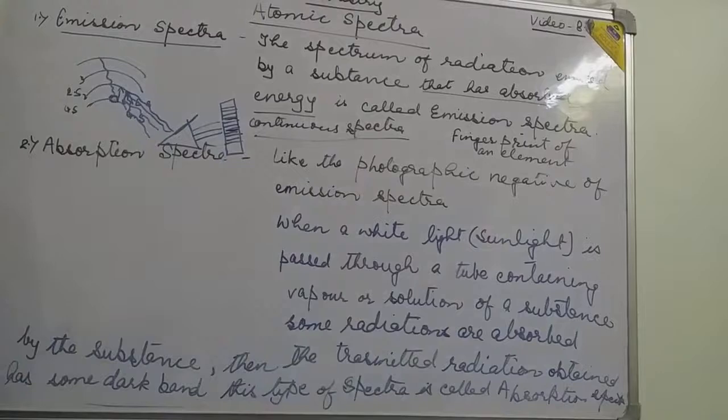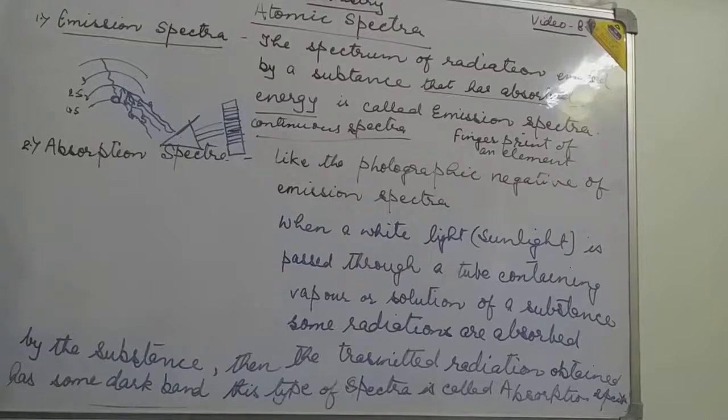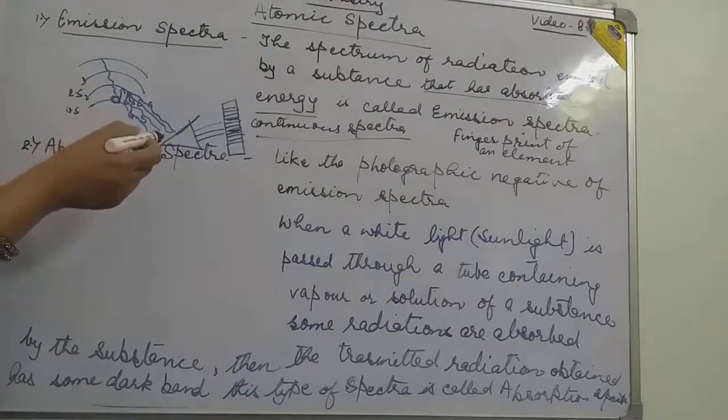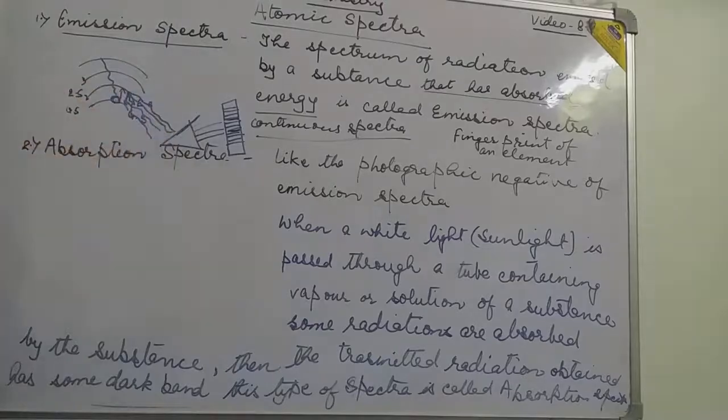Helium present in the sun was discovered by this method, when white light is passed through the prism and it gives some spectra. That spectra is of helium. So we can detect an element by this emission spectra.